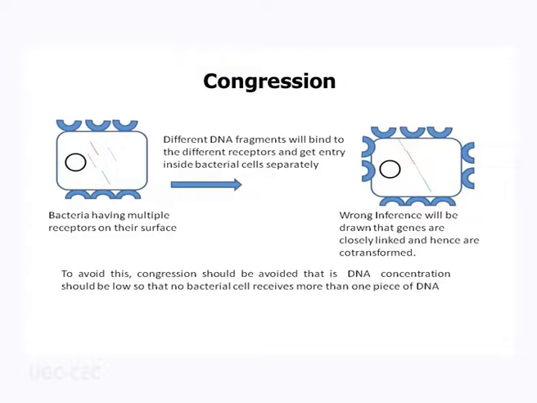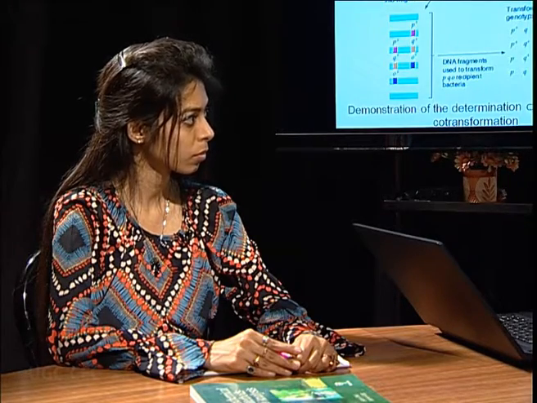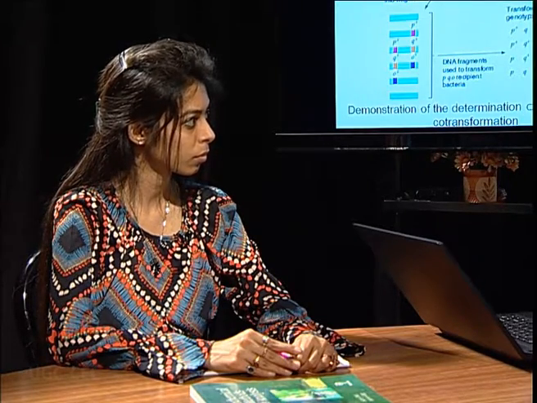So it may happen that two different marker genes are getting entry inside the recipient bacterium, but they are entering independently through two different receptors. And we might think that the two markers are getting co-transformed together, and conclude that they are linked together, which is not the case.